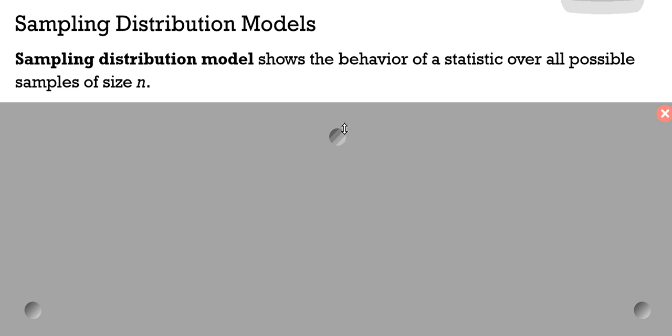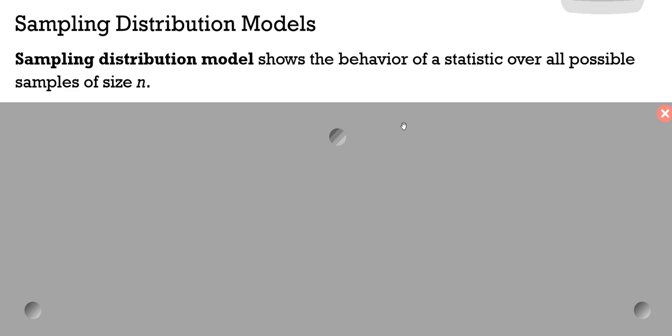But what we're trying to get is an idea of how likely it is that a sample of a particular size will have a particular sample proportion. That's what we're going to be talking about here.